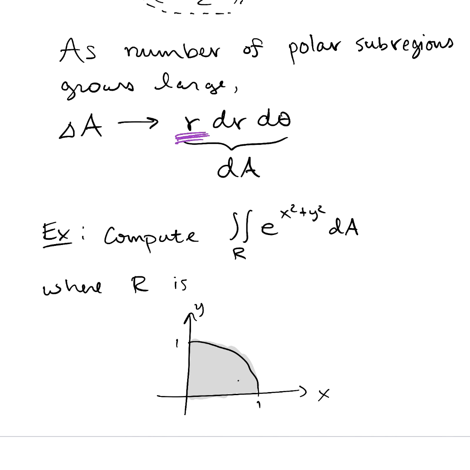So you could describe that region in rectangular coordinates as x varying from 0 to 1, y varying from 0 up to root 1 minus x squared. After all, the edge of this is governed by the equation x squared plus y squared equals 1.